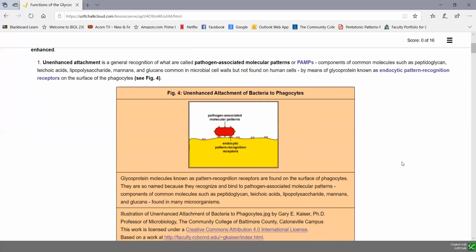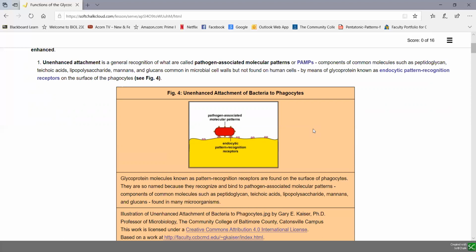So in unenhanced attachment, this is where PAMPs on the surface of the microbe, such as cell wall PAMPs and other PAMPs, bind to endocytic pattern recognition receptors found on the surface of phagocytes. And this is the first step, attachment, that we see during phagocytosis, because innate immunity involving PAMPs and PRRs is our first line of body defense.